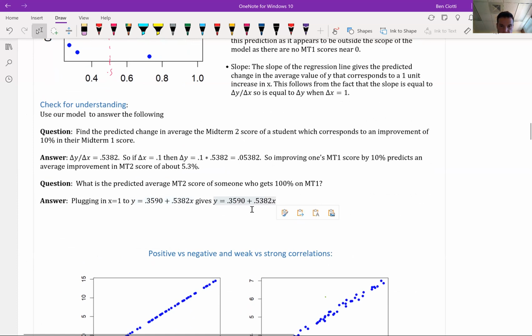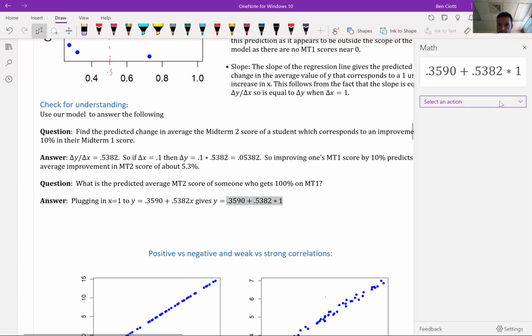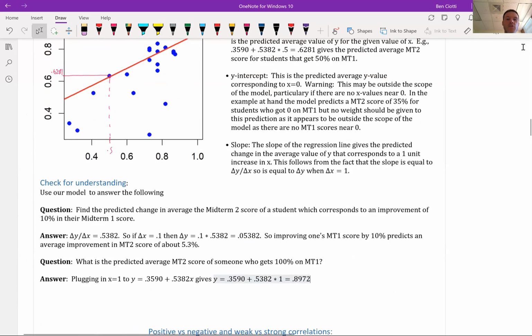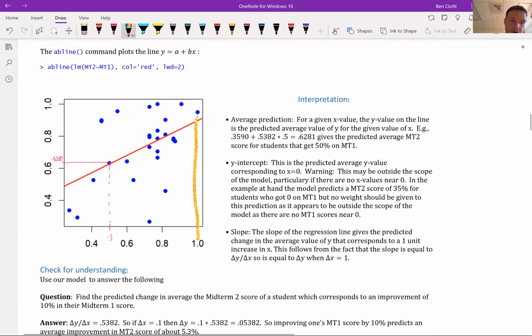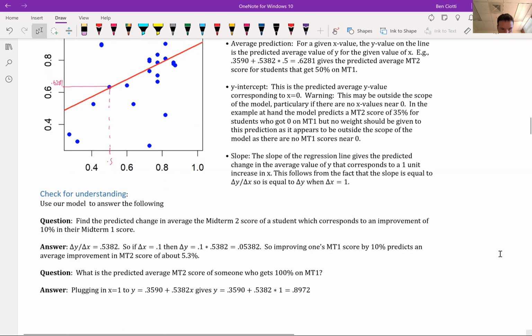It gives that y is equal to this times 1, which is about 0.8972. So this says that students that got 100% on midterm 1, on average, were getting about 89% on midterm 2. That's what we just found there.